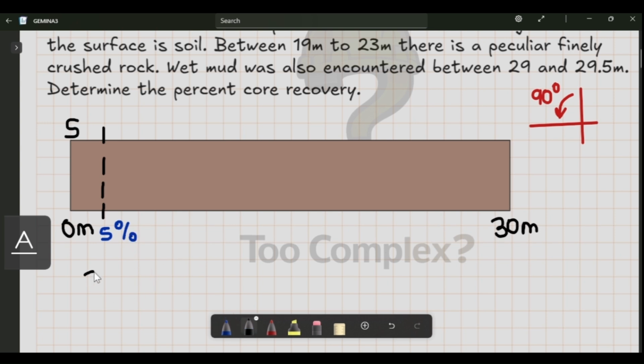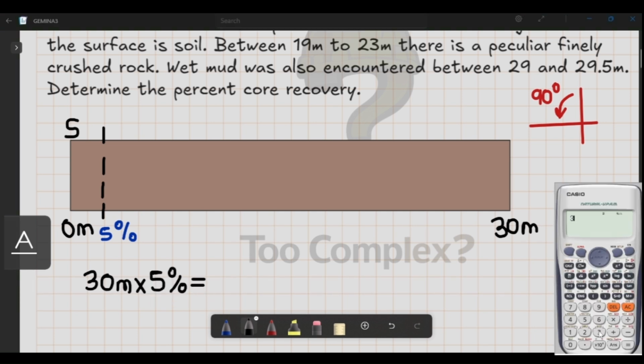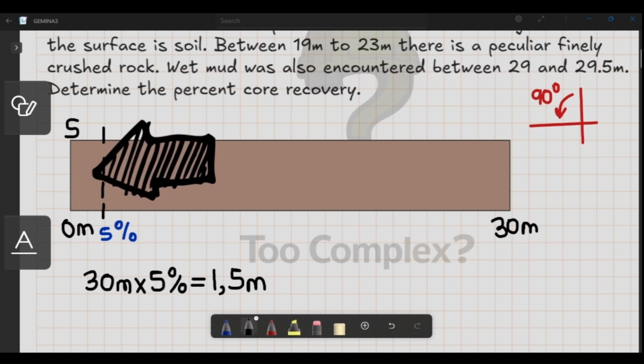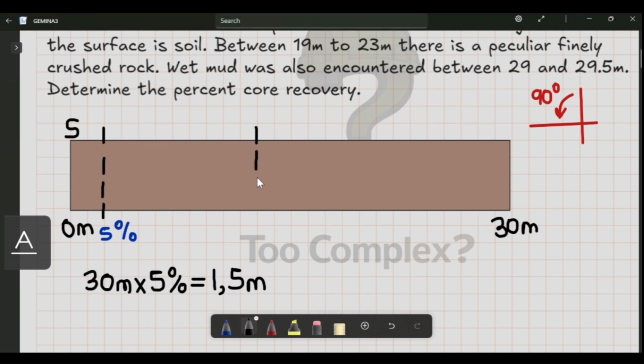So if we say 30 meters times 5%, right? And this gives us 1.5 meters. That's this distance here, right? And then we are also told that between 19 to 23 meters there is a peculiar finely crushed rock.